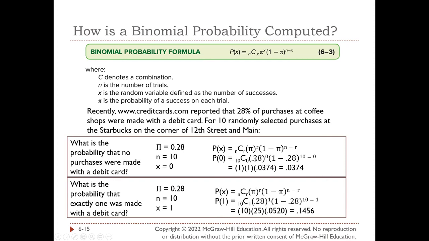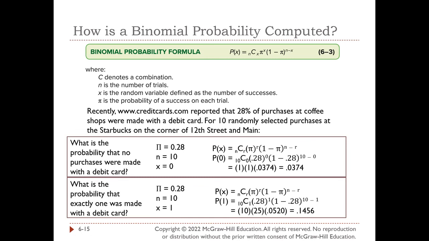Then pi, which is 0.28, basically the percentage, the rate, to the 0 is 1. And 1 minus 0.28, to the 10 minus 0, which is 10. So 1 minus 0.28 to the 10th power gives us 0.0374.